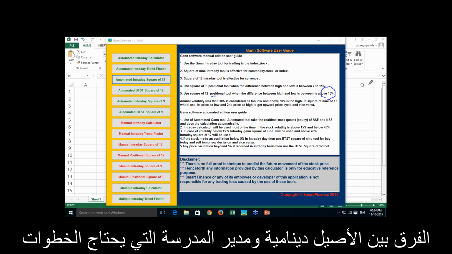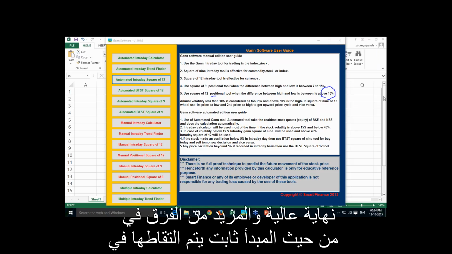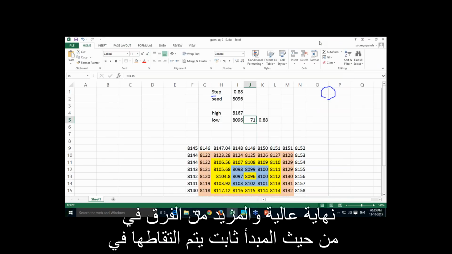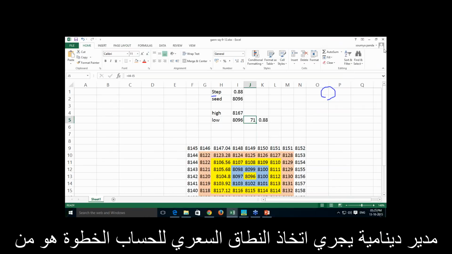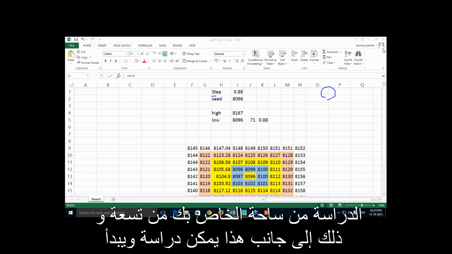The difference between the dynamic principle and static principle is the price point which is being considered for calculation of your steps. In static principle it is taken as the high and low difference. In dynamic principle the price range taken for step calculation is from the volatility. So that is the basic difference.